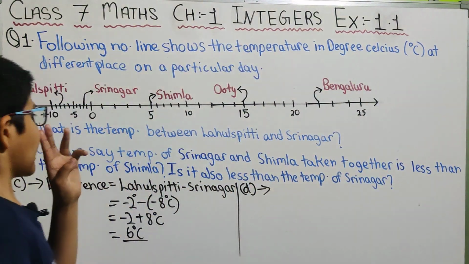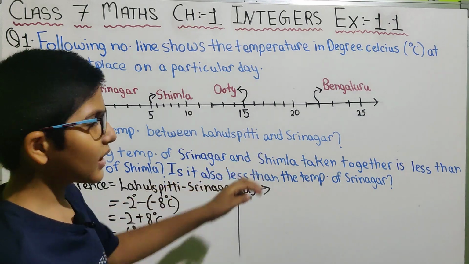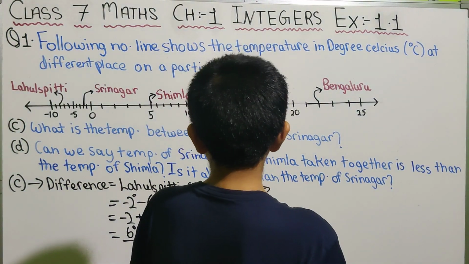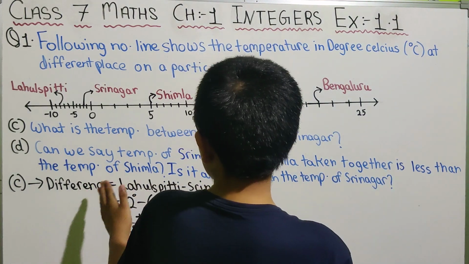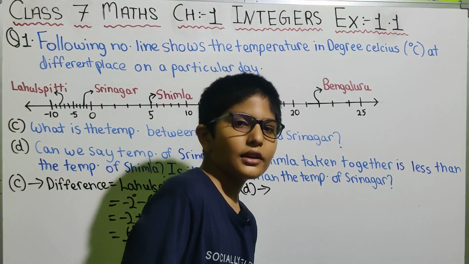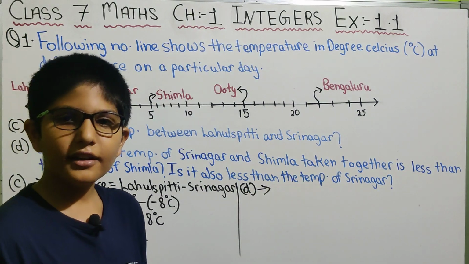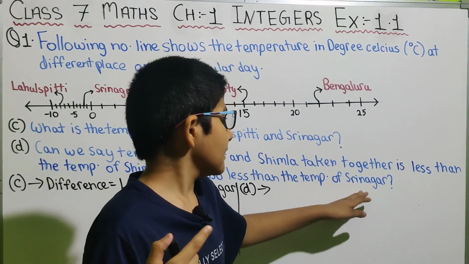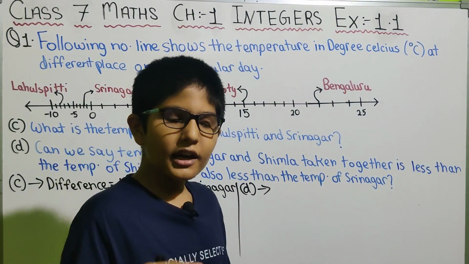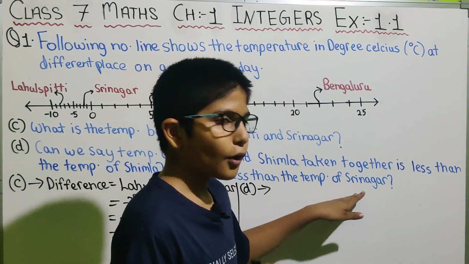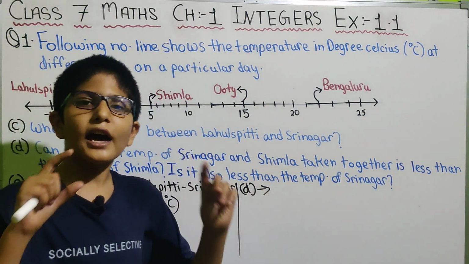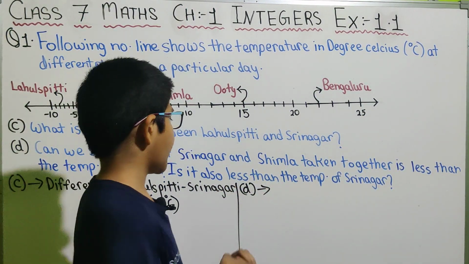Here it is given that if we add Srinagar and Shimla temperature, is it less than the temperature of Shimla, and is it also less than the temperature of Srinagar? First we have to find with Shimla. Then whatever answer comes, we will find for Srinagar.